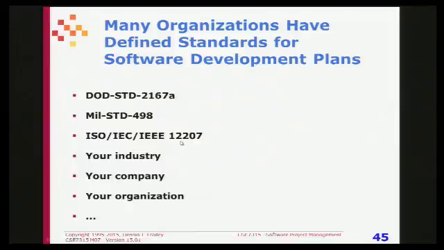And their standard 12207 is kind of the major standard for developing software. It's primarily aimed at big projects, but I thought you should know it's out there. If you were to look at it, you'd say, boy, that is a lot more complicated than anything I would want to use. But if you ever get a big contract, you might have to use it.